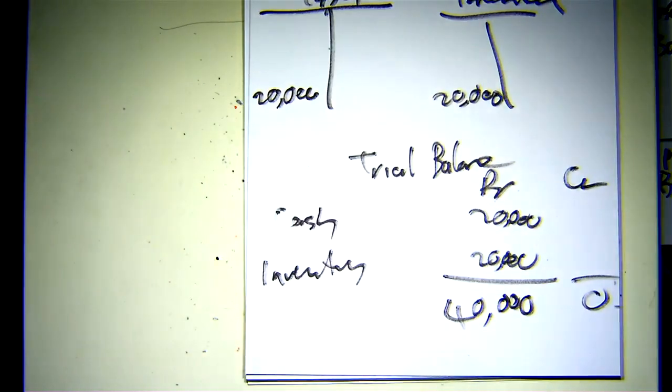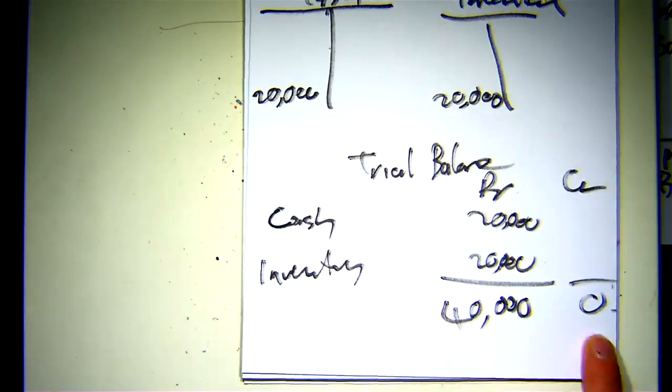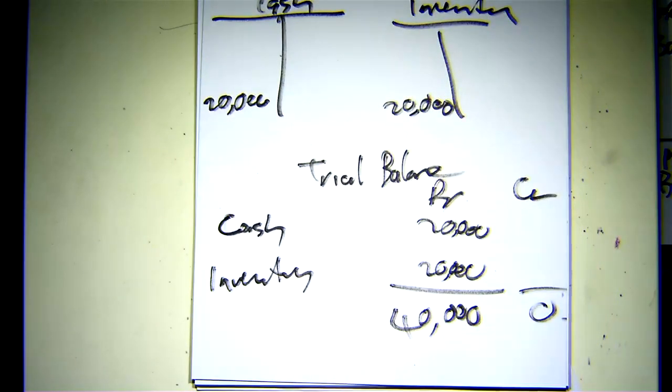So my trial balance would look like that if I made that mistake. I'd have cash 20,000, inventory 20,000, total debits are 40,000, credits are 0. Okay.